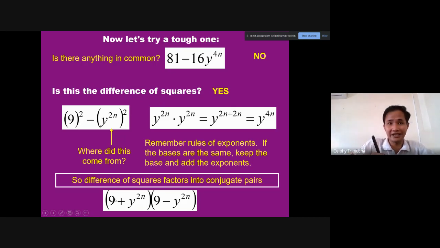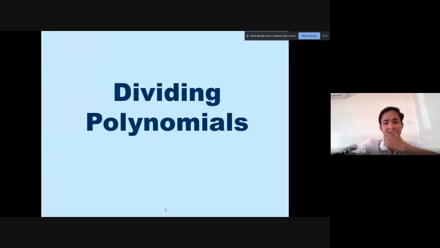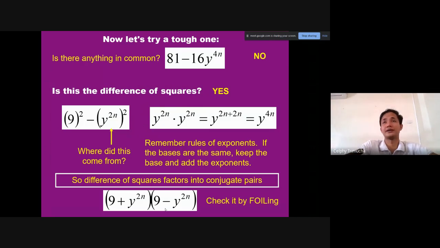So we have 9 para sa first nga term, 9 man sa first nga term sa second nga factor. So we have y raised to 2n sa next, y raised to 2n sa next nga term. And then separated lang sila by plus kag minus. Okay, so kung may mga concern or may mga question, pwede gid maka-interact. Kung medyo may natalangan kita, pwede natin i-check by foiling. So pwede ta na siya ma-check ang aton nga equation by FOIL method kung gusto pa natin i-check.